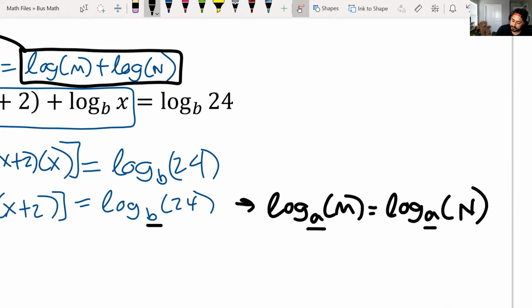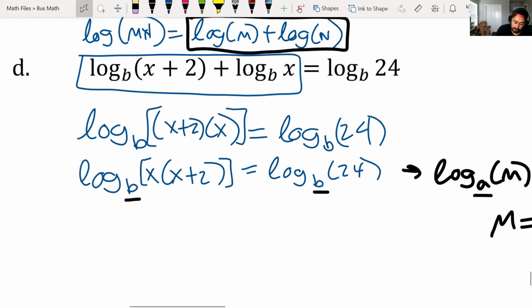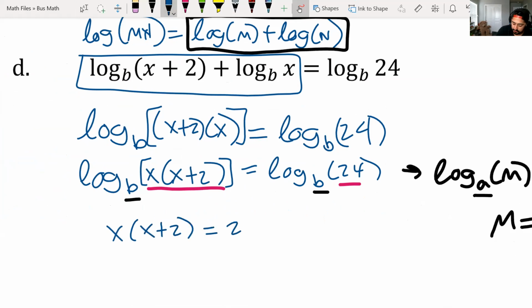If the bases are the same, then m equals n. And that's what we're going to use over here. So since the bases are exactly the same, we're going to set x times x plus 2 equal to 24.